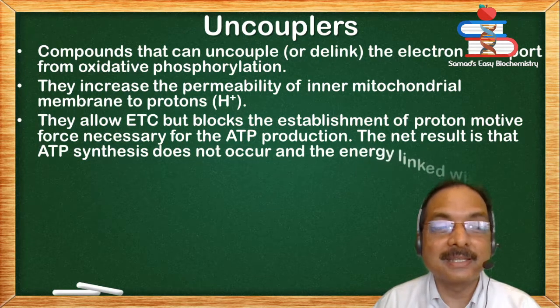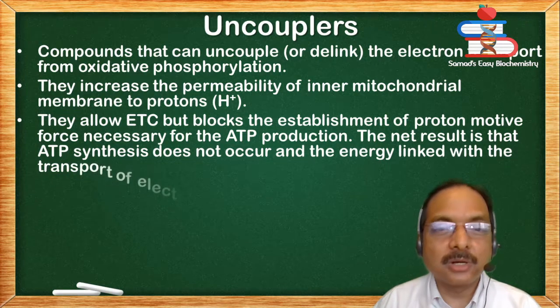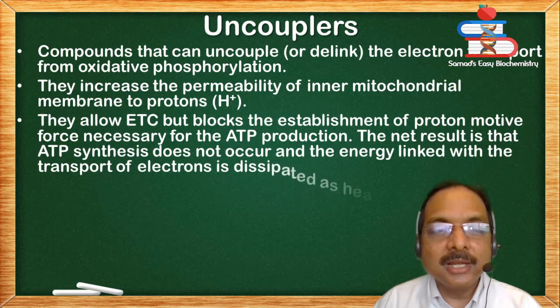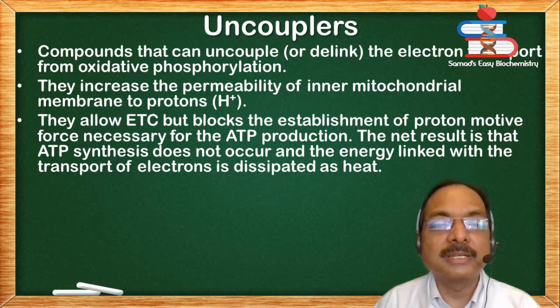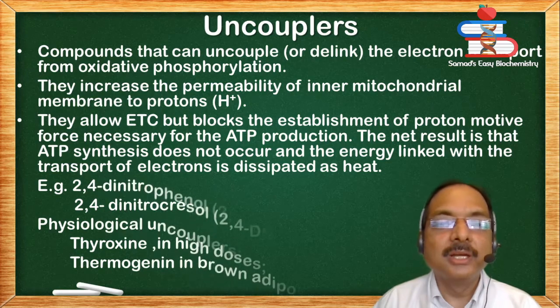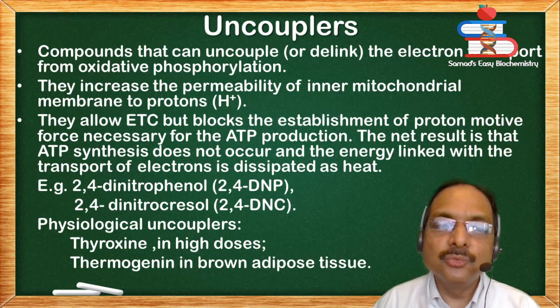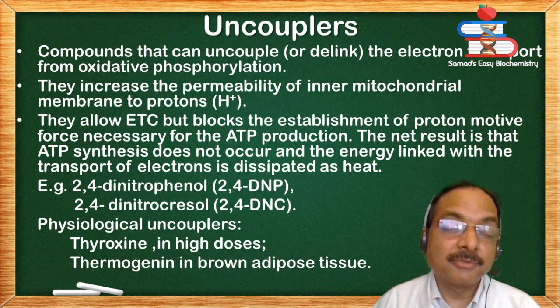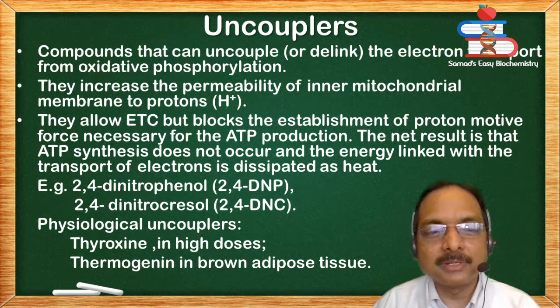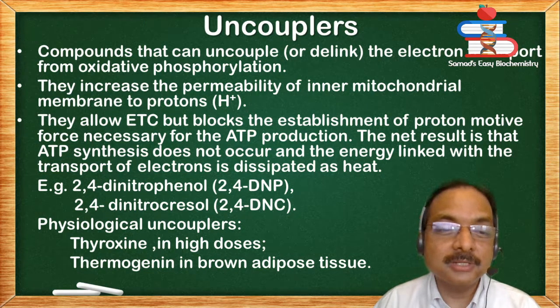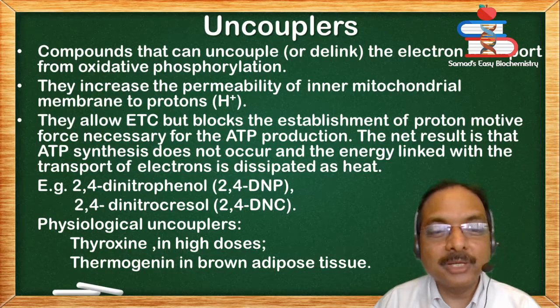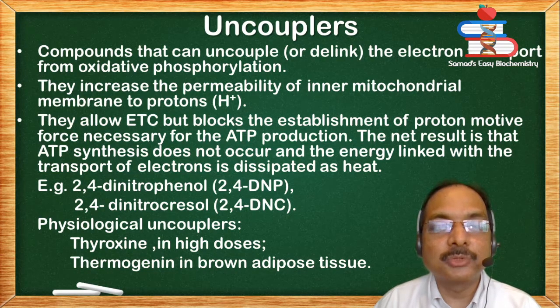The net result is that ATP synthesis does not occur and the energy linked with the transport of electrons is dissipated as heat. Example, 2,4-dinitrophenol, 2,4-dinitrocresol, and some physiological uncouplers like thyroxine in high doses and thermogenin, a protein that is present in brown adipose tissue mitochondria.